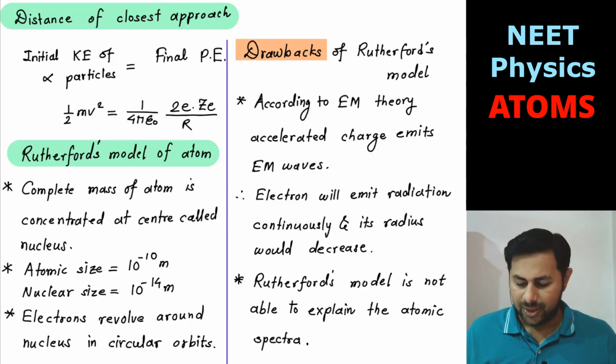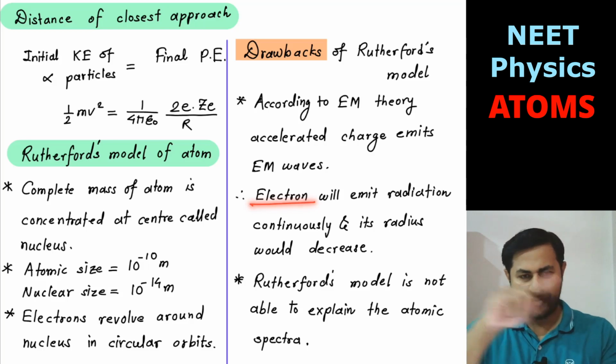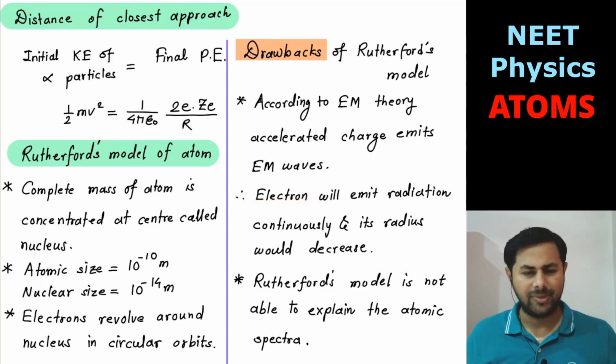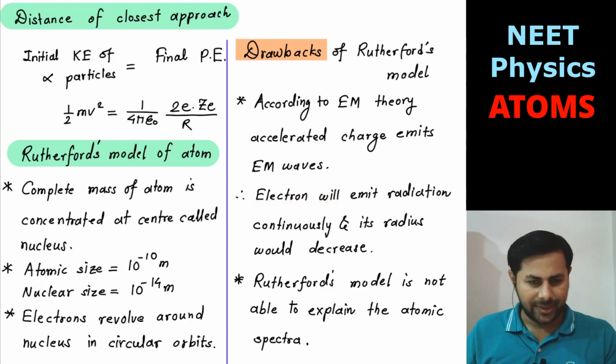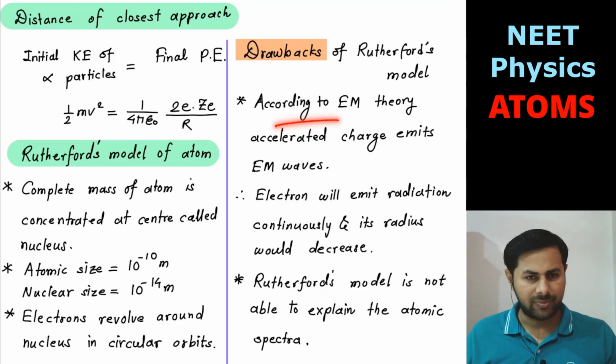So the electron is revolving around the nucleus, which means it is also accelerating, because we know circular motion is accelerated motion. So the electron is in acceleration, and according to the electromagnetic wave theory, what happens? An accelerated charge produces electromagnetic waves.